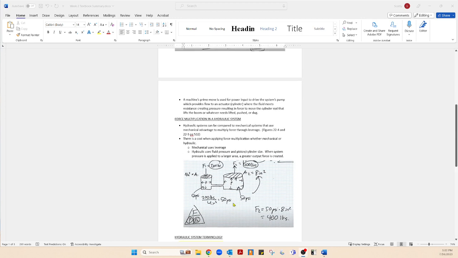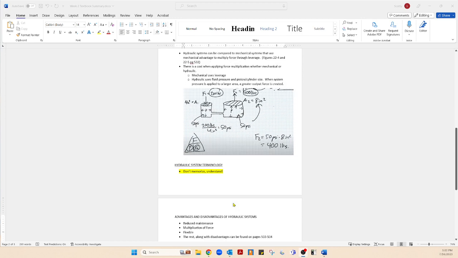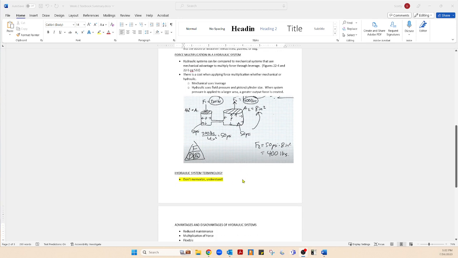So let's move on. We'll get into calculations a little bit more. Hydraulic system terminology, there's a whole list in there. Forget exactly what page it is, but it's within those 532 to 534, I think. It'll be in there. So again, don't memorize it, but understand them.